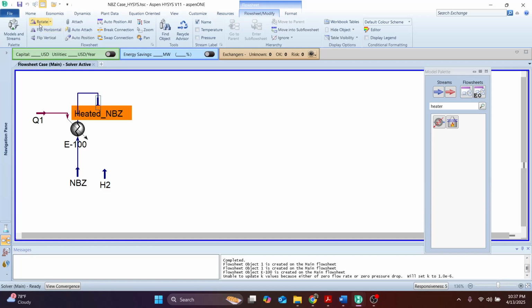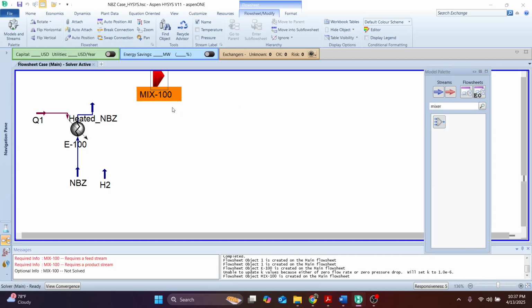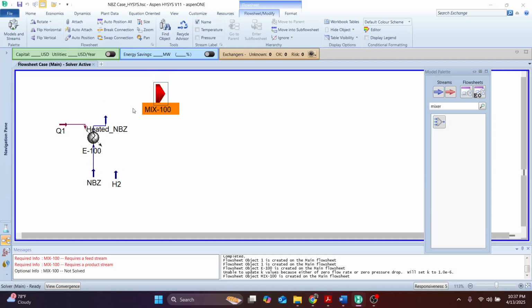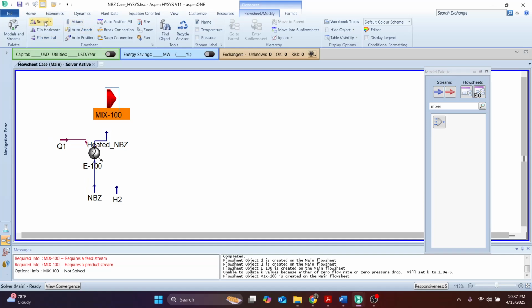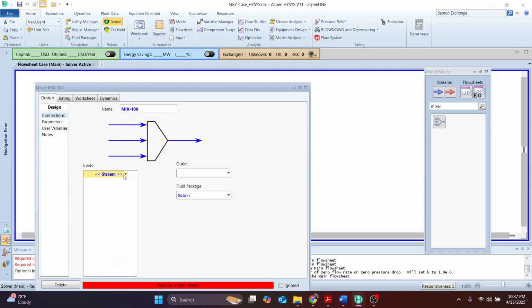We'll rotate this first, and then connect it directly to both streams, the NBZ and then the H2. And then the outlet, we just call it mix feed.